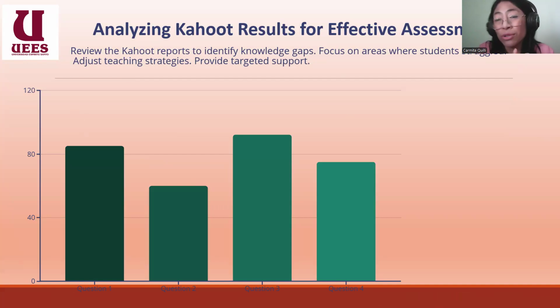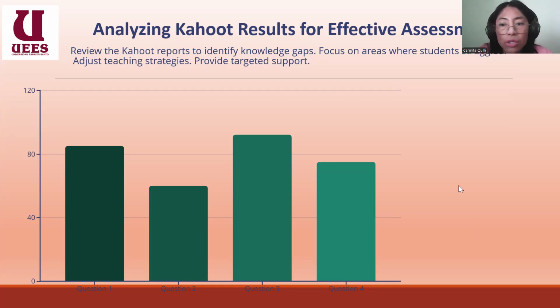It's very helpful because you can see where the problem is, where the students are having difficulties in learning. Also, you can focus on areas where students struggle, and you can adjust teaching strategies and provide targeted support. This is very helpful for teachers. So you can use it every time you are going to assess the students.